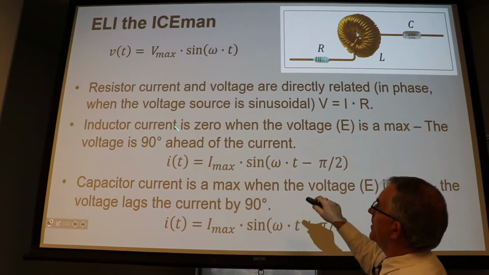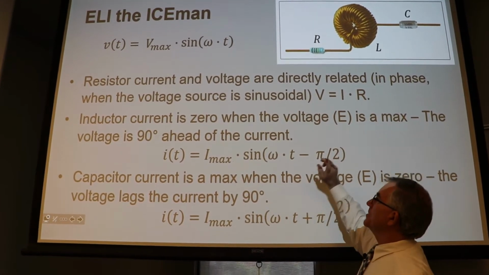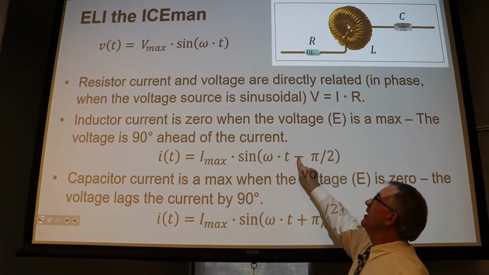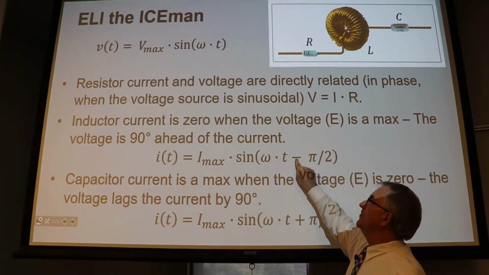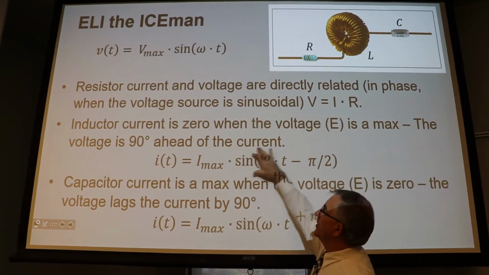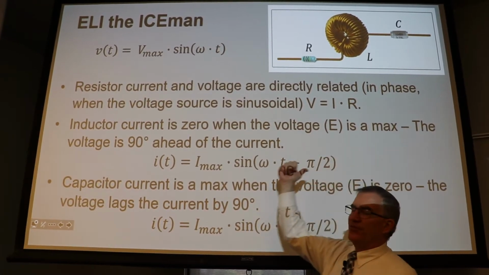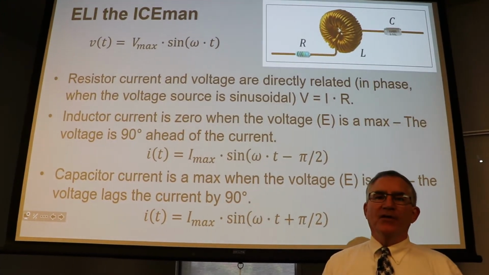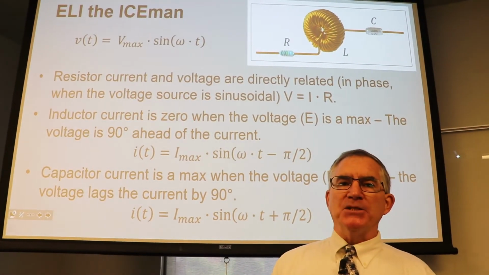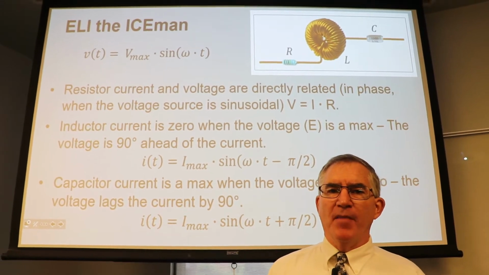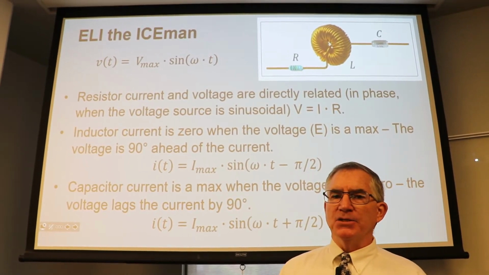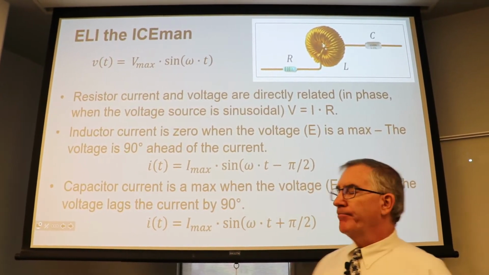So in an inductor right here, the current is 0, so the voltage is ahead. And this minus sign means that the sine wave right here is shifted by 90 degrees into the future. So the voltage is a max before the current is a max by 90 degrees, which would be 1/4 of a period.